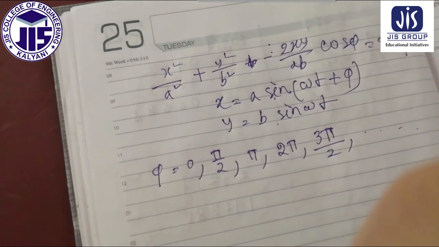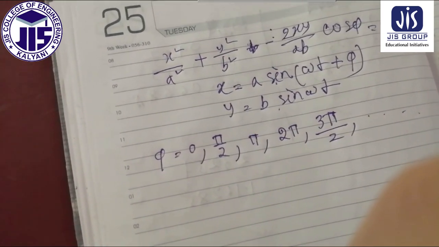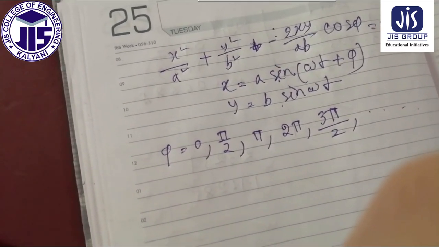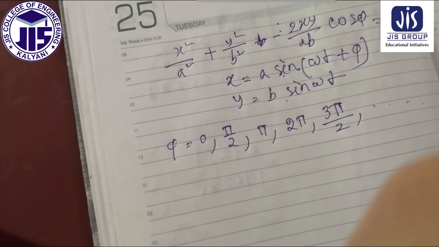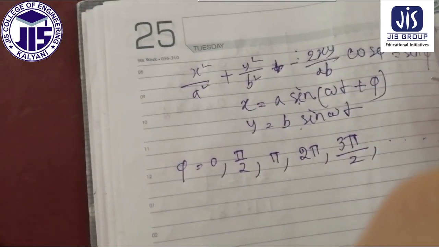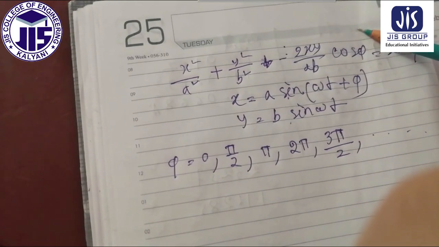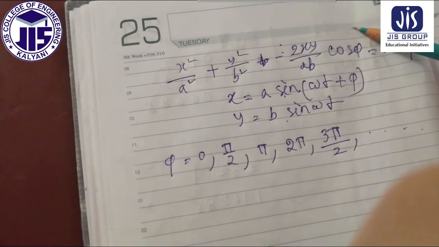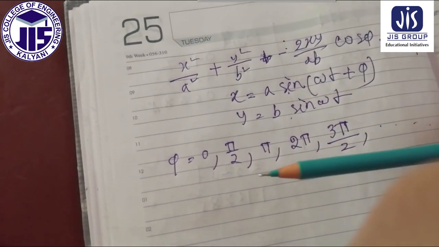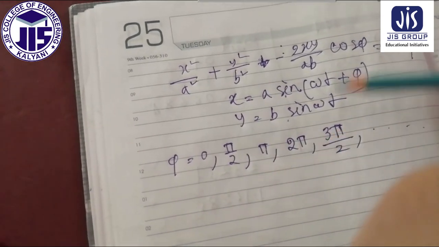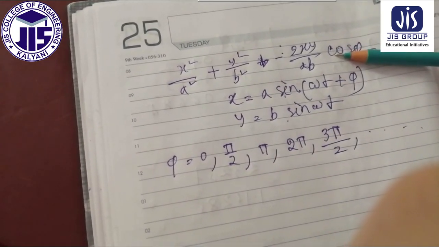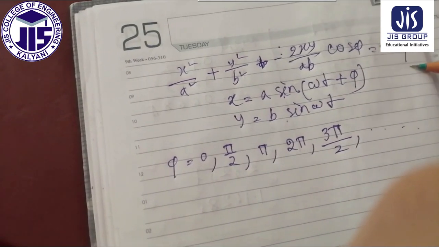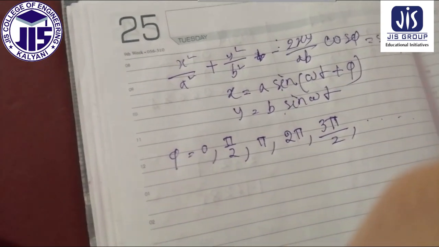So for different values of phi, this resultant equation can change. We'll put the values of different phi over here and check what resultant equation we are getting. That is very important.